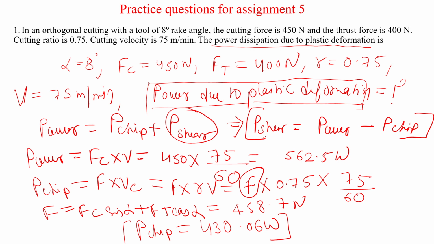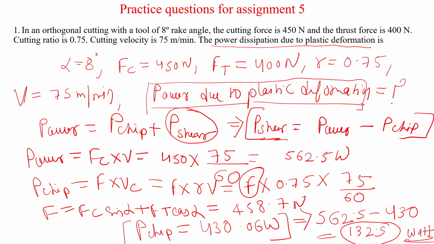You need to find the P shear. So your answer will be 562.5 minus 430, so your answer will be 132.5 watt.